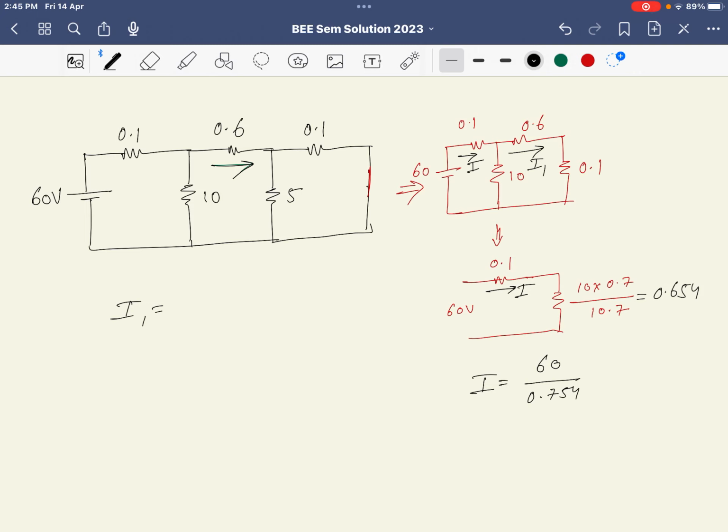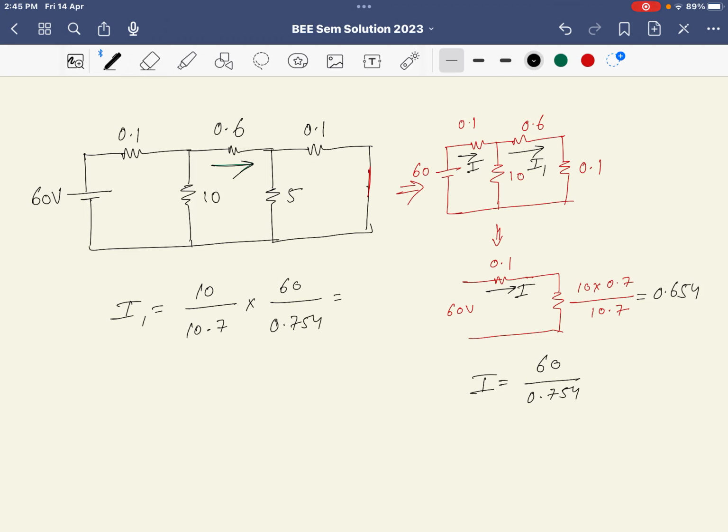What we need to find is I1, using the current parallel rule. If we want to find the current in this, the opposite resistance will be taken. So 10 divided by 10 plus 0.7, that is 10.7, into I. That I value is 60 divided by 0.654.